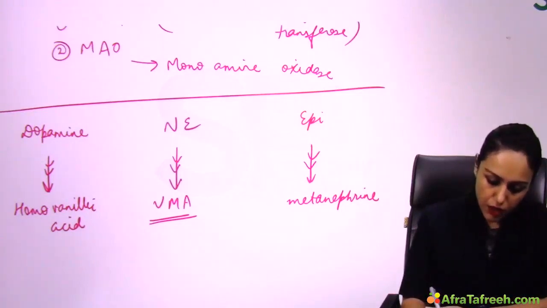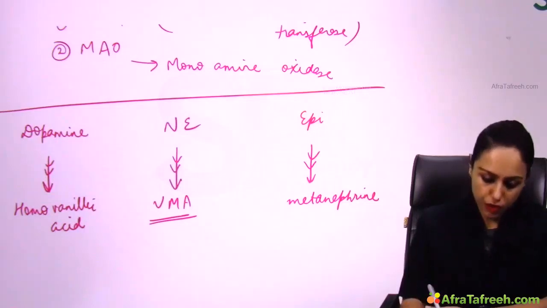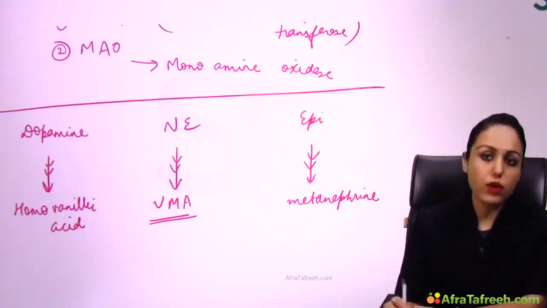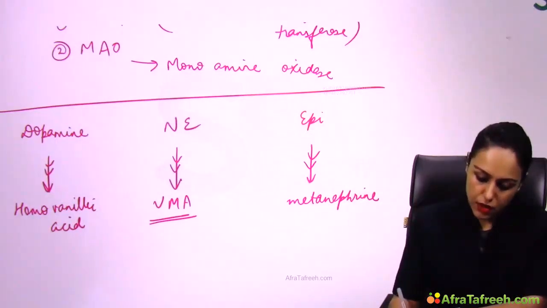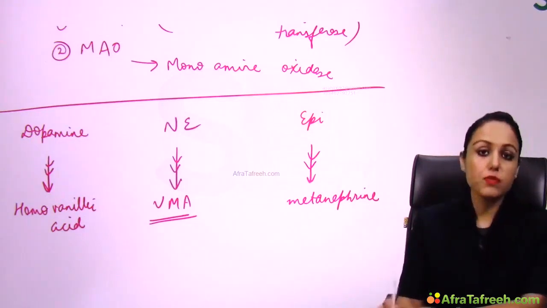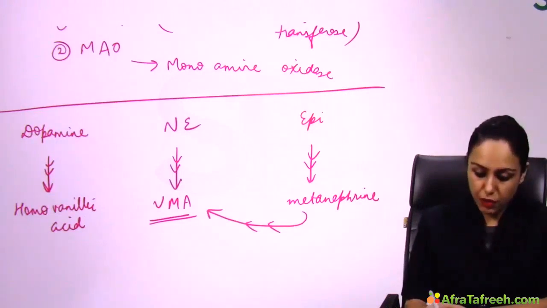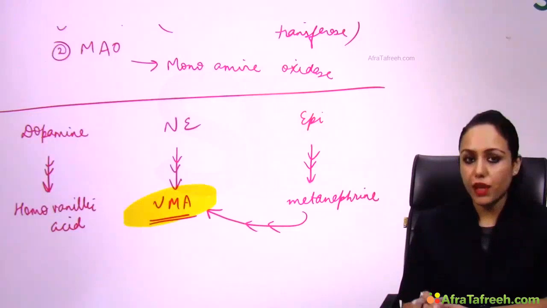The catabolic end product of norepinephrine is VMA, that is vanillyl mandelic acid, and the catabolic end product of epinephrine is metanephrine. Metanephrine can be converted to VMA. So this VMA is the major catabolic end product of catecholamines, right?